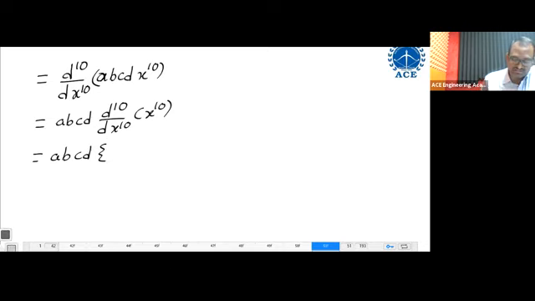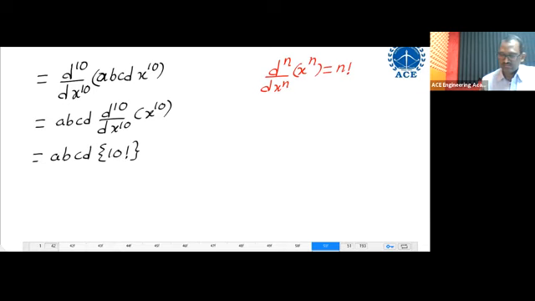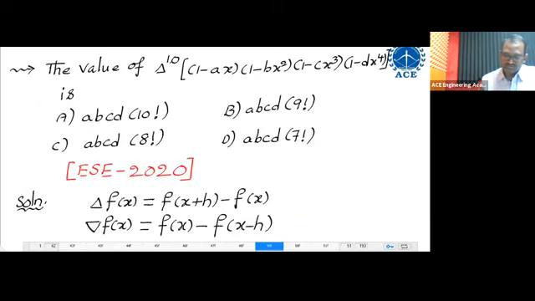Instead of that, simply remember this: d power n by dx power n of x power n is n factorial. So option A.